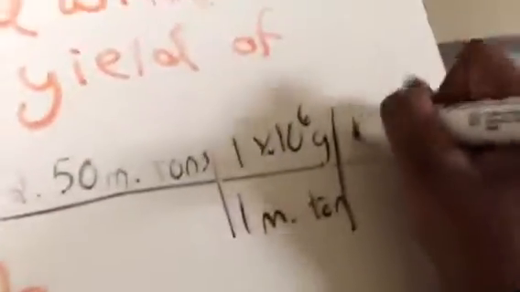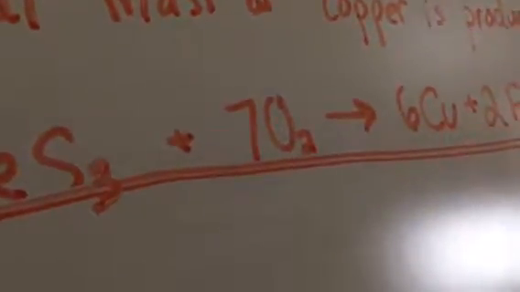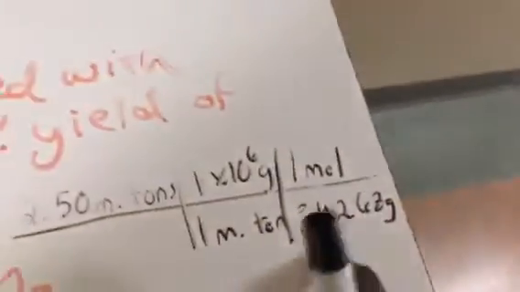There's 1 times 10 to the 6th grams in a ton, and 1 mole of bornite is equivalent to 342.68 grams per mole.